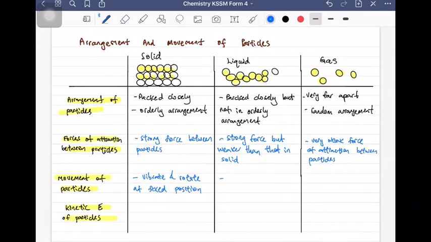Okay, for liquid, the particle actually vibrate and rotate through the liquid. That's why liquid don't have a fixed shape. The shape of the liquid follow the shape of the container. And for gas, the particle actually vibrate, rotate, and move freely.